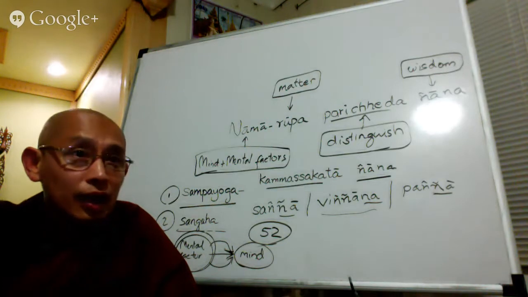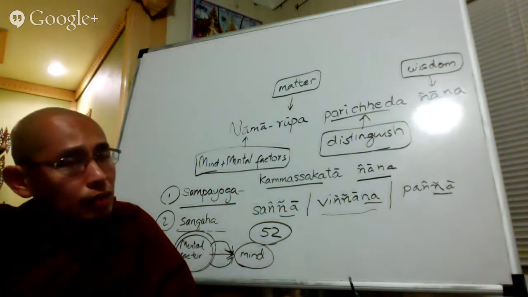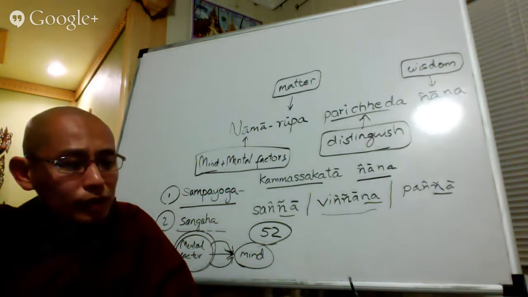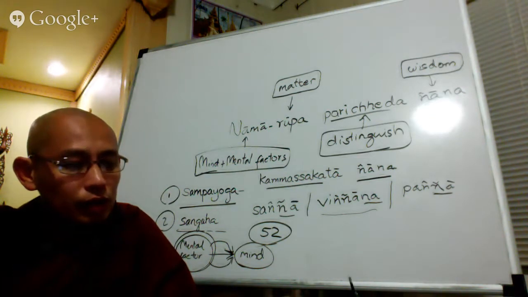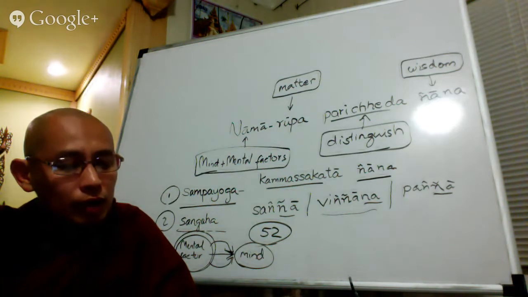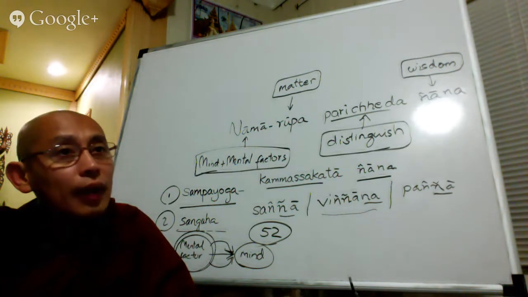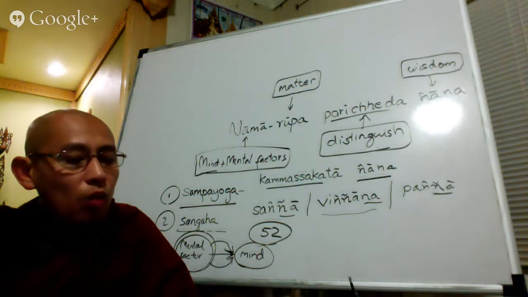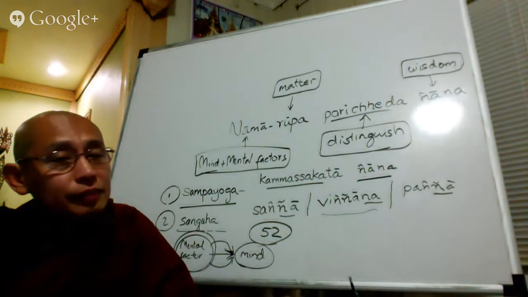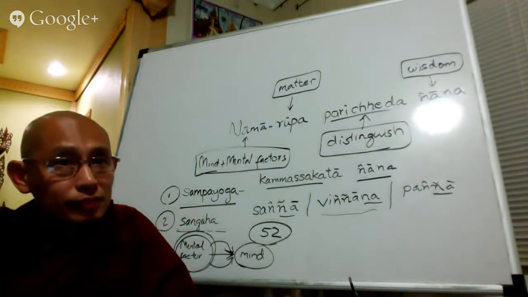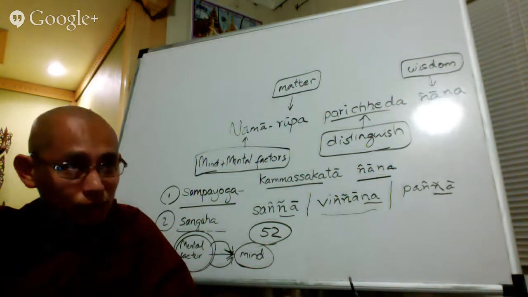And then the next one is sense sphere beautiful consciousness, kamavachara sobhana chitta. There are 24 types of kamavachara sobhana chitta. All kamavachara sobhana chitta are associated with the Vitaka.